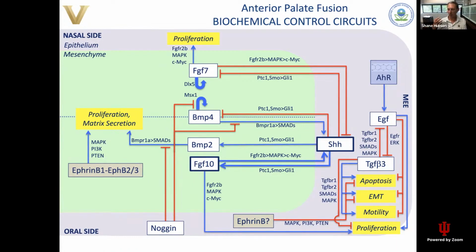And by changing the amount of EGF receptor that's present, it changes whether that switch is likely to go to EGF high or go to TGF-beta 3 high, right? I'll show you some of the diagrams where you can plot out exactly at what suppression or increase of EGF receptor will cause that to happen.